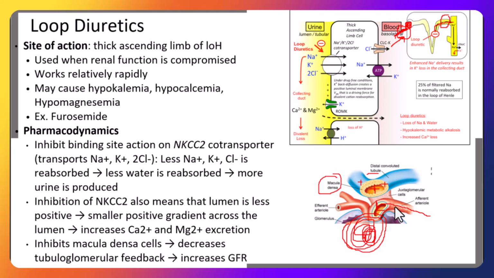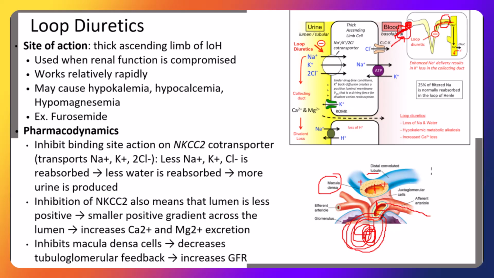I gave you the example of constricting when there's too much sodium, but if there's not enough sodium here, then it can widen or dilate. And if it widens or dilates, it's going to now allow more blood to flow through, increasing that glomerular filtration rate so that we can get rid of potentially more ions and fluid.